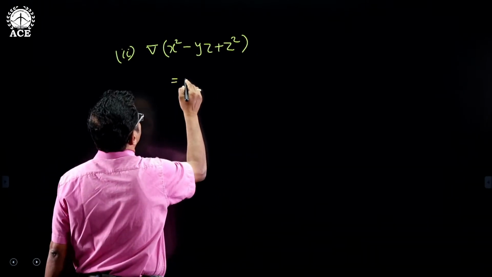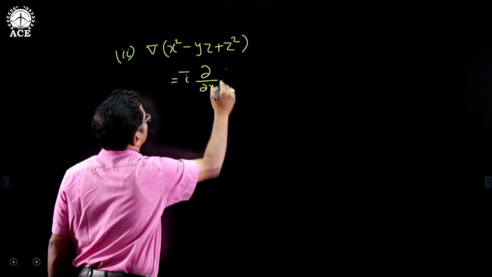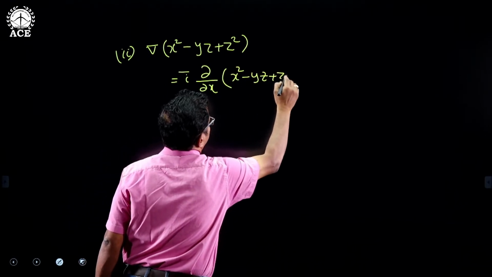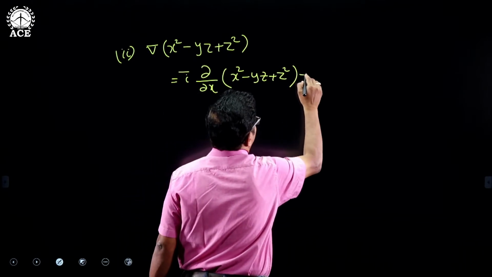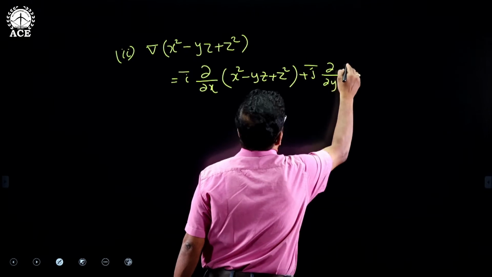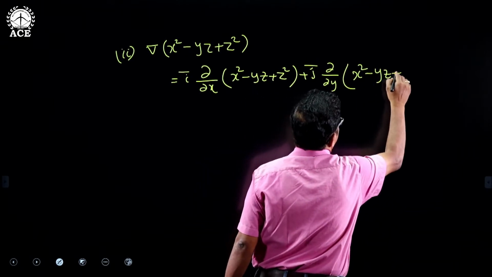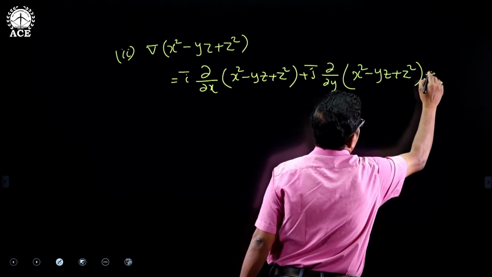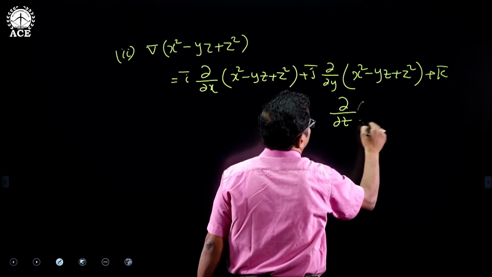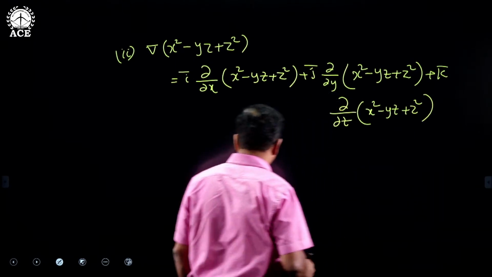This equals i bar into dou by dou x of x square minus yz plus z square, plus j bar into dou by dou y of x square minus yz plus z square, plus k bar into dou by dou z of x square minus yz plus z square.